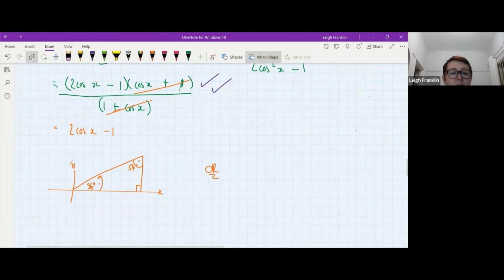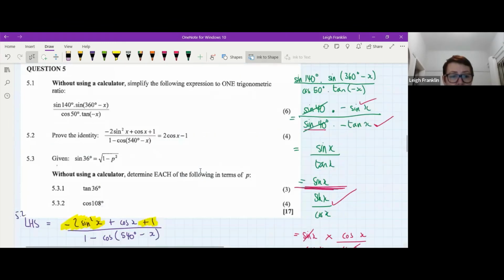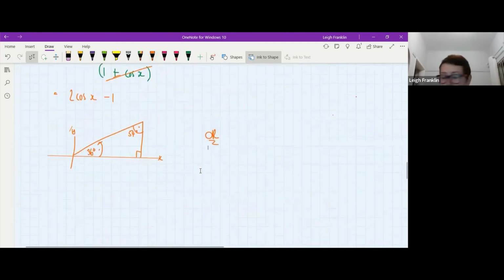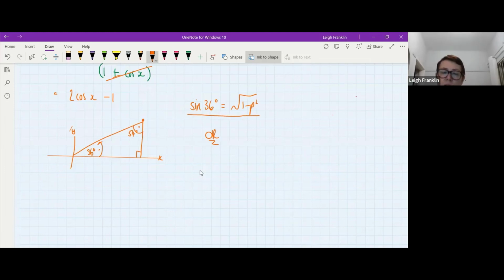If they have given us that sine 36 is root 1 minus p squared, what piece of information have they given us here? What does this mean for us? How are we going to use this? What are they telling us in relation to the diagram?